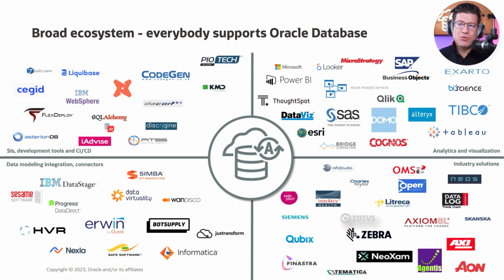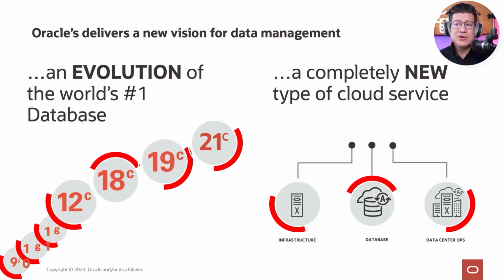So Oracle is a very key and important tool, and that's a broad range of things that we do. With that evolution, we have taken all of that evolution and that intelligence, and we added that in a completely new way of delivering a cloud service.